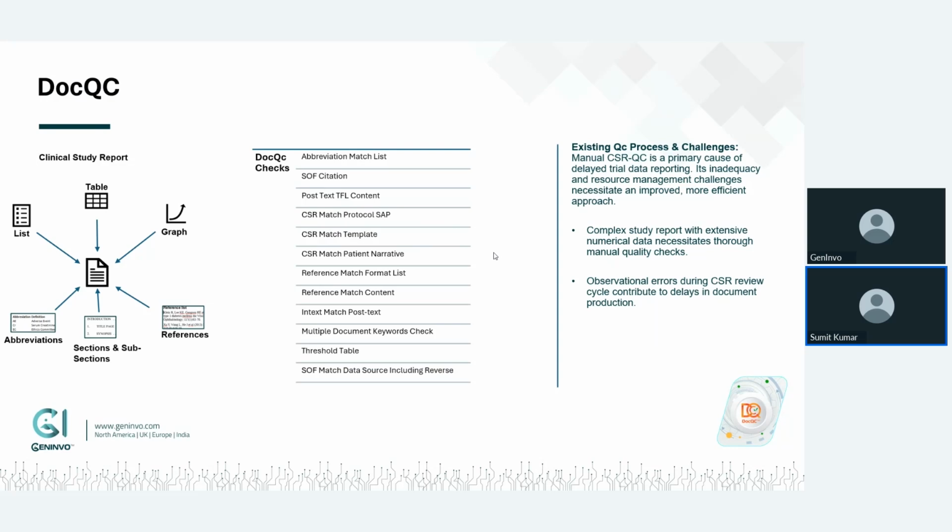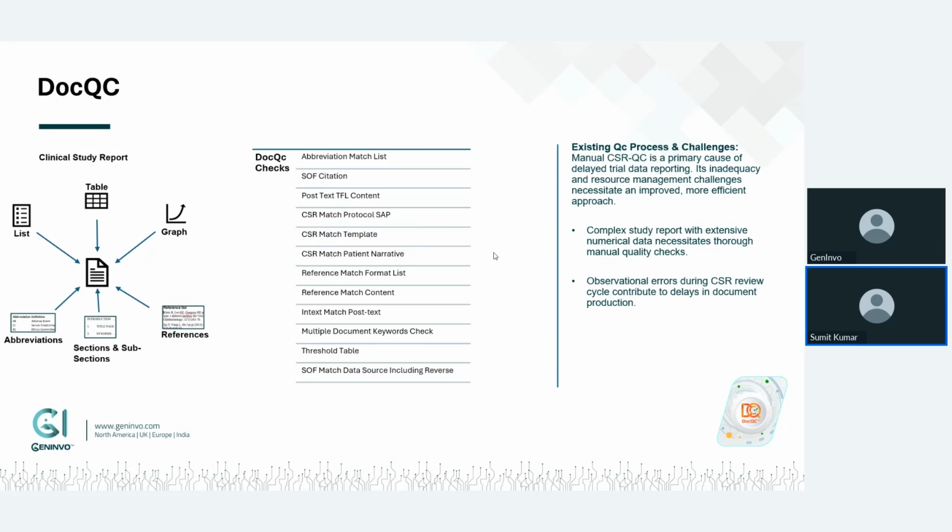Another important check is the SAP check, CSR match protocol SAP. As you know, the CSR is always written in past tense and the protocol is in present or future tense. So we have to do a comparison to make sure that the information present in the CSR is matching with the protocol or not.